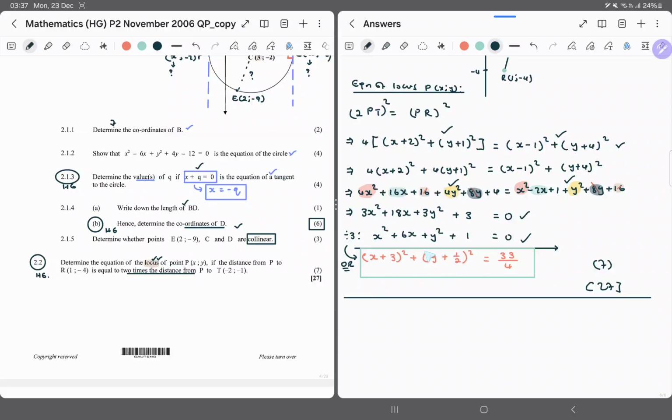This is the equation of the circle with center (-3; -1/2), and a radius that is essentially the square root of 33/2 units. That would be a full description.